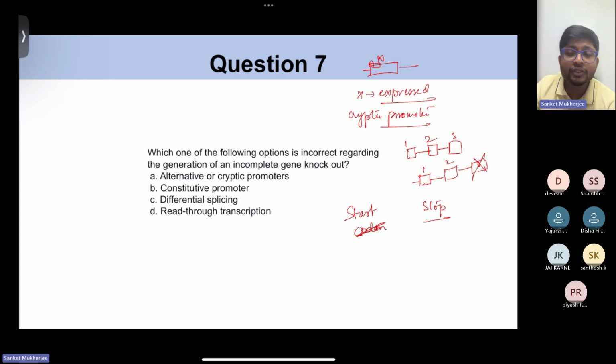If the stop site is not present, the transcription machinery keeps on going because it's not encountering a stop signal. So these three are well known things that happen in case of an incomplete knockout. Constitutive promoter, on the other hand, would be the right answer in this case. It's incorrect in this case. So constitutive promoter is the answer.